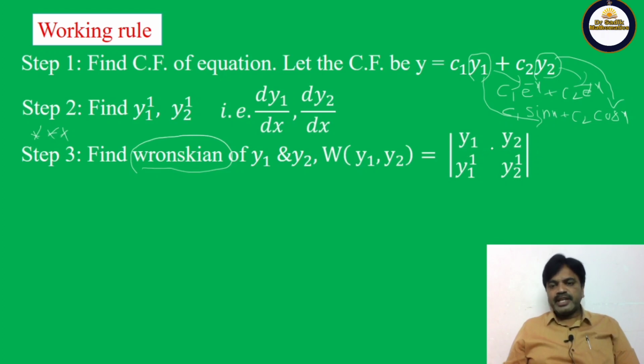You simply expand this determinant, then you get the value of W, that means the Wronskian of y1, y2. Whatever values you get, you write y1 and y2, and the second row is simply the derivative of the first row, then you get the Wronskian, or W value.